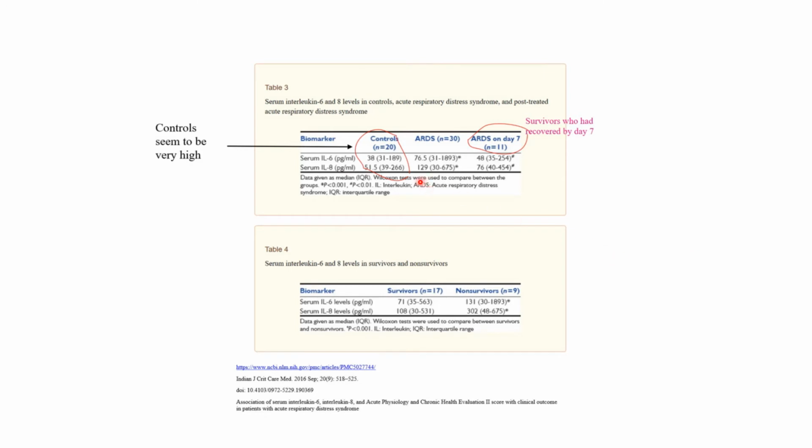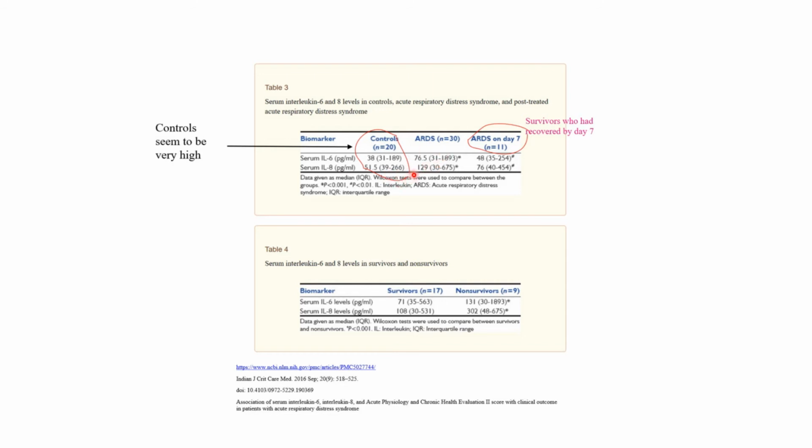In this study, I'm a bit concerned to start with because their control IL-6 and IL-8 concentrations seem to be quite high. 38, 51 is a bit too high for normals, in my opinion.